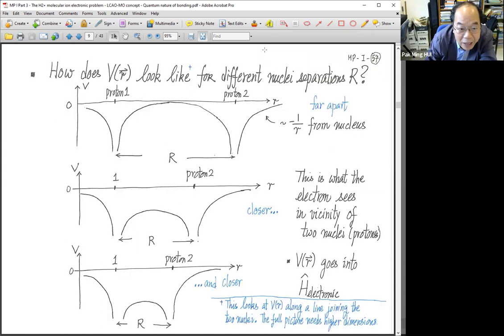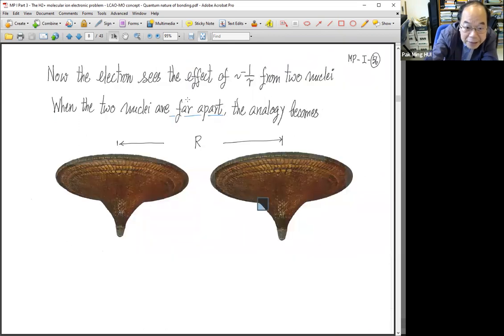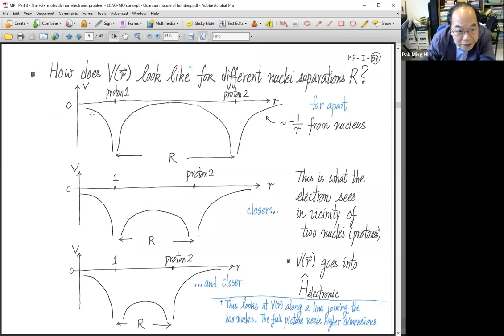If they are far apart, you can imagine that this is a cut along R. If it is closer, in the middle, it started to see a lower minus. If even closer, it is even lower. Okay, now do you sense what the electron feels in the Schrödinger problem?